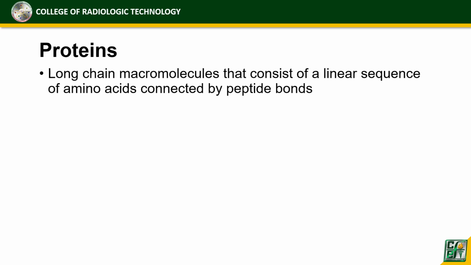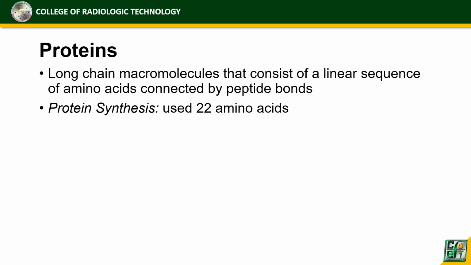Proteins. So, protein is one of the organic macromolecules. Okay, so long chain macromolecules that consist of a linear sequence of amino acids connected by peptide bonds. Okay. So protein synthesis uses 22 amino acids.